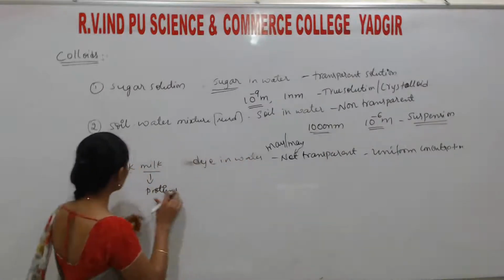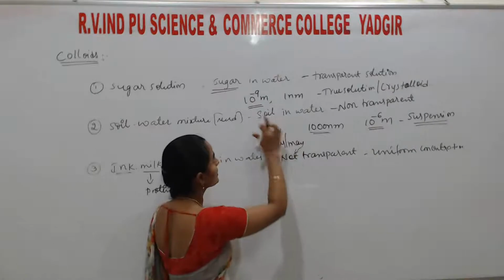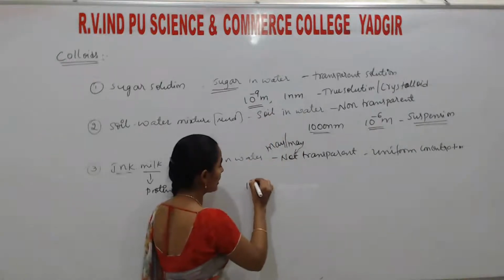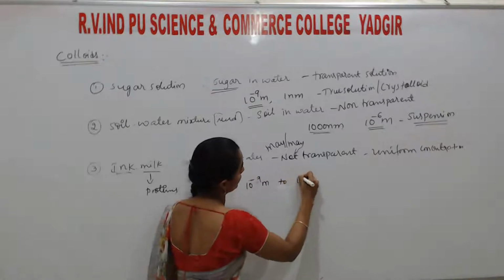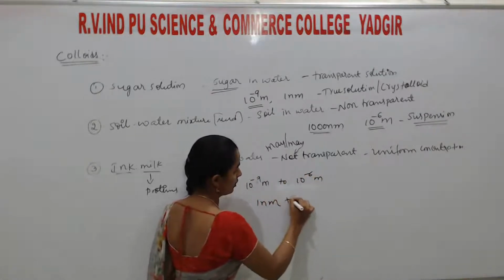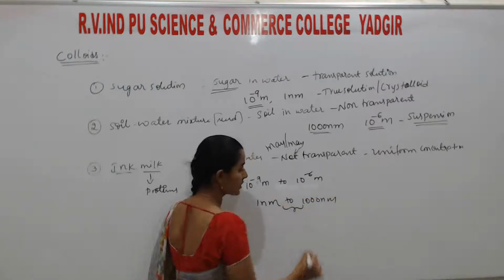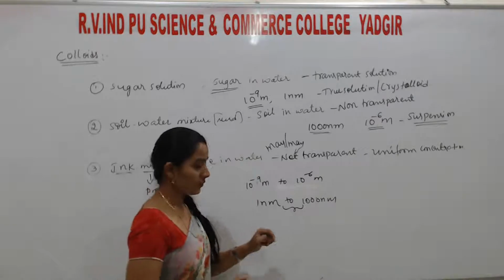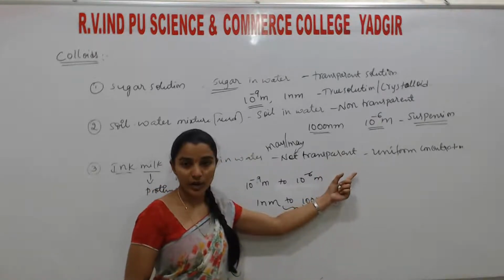Understand? Next one is colloids. So students, the size of the colloids is in between 10 raised to minus 9 meter to 10 to the power of minus 6 meter, means 1 nanometer to 1000 nanometer. If the size of the solute particle is in between these two, then that is called a colloid.